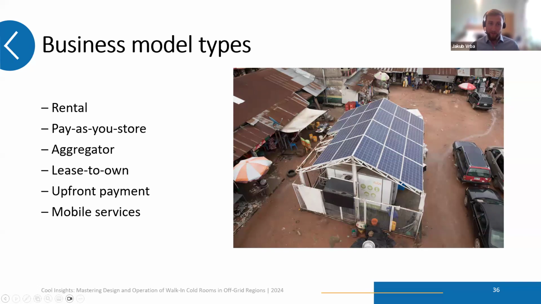In this model, customers pay for the actual use, usually on a daily basis, whether it's per crate, kilogram or liter of produce stored, or a similar unit. This model incentivizes the users to use the cold room space effectively and sell the produce as soon as they find a buyer, because the sooner they sell it, the sooner they get paid, and they don't have to pay for the cold room space on a daily basis.